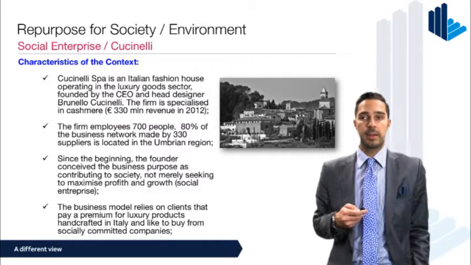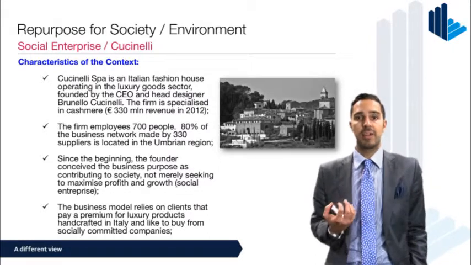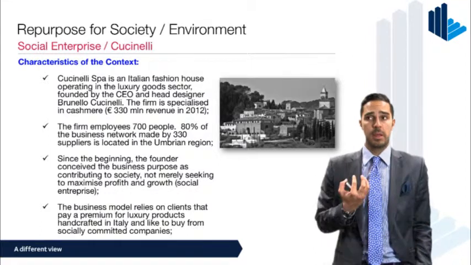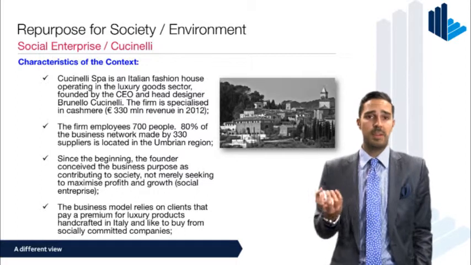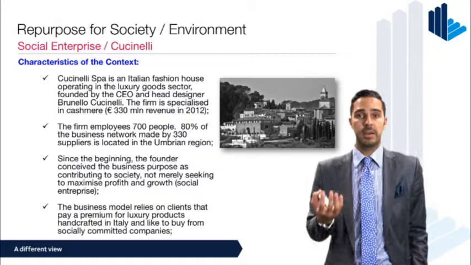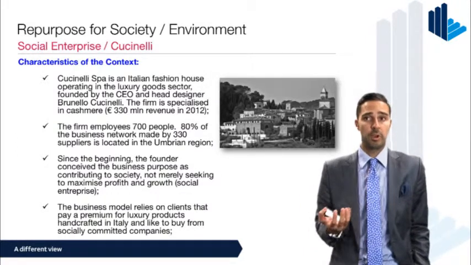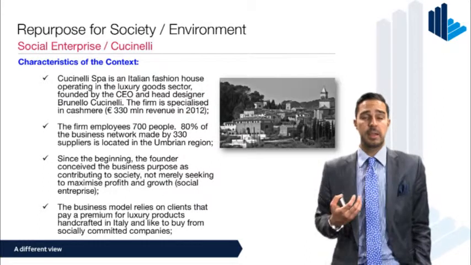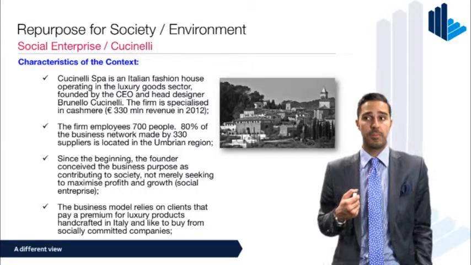Another interesting company to look at is the case of Cucinelli. Cucinelli is a totally different business model for sustainability. It is what is called in the literature the case of a social enterprise. Cucinelli is a popular fashion company worldwide, well known for its cashmere products.